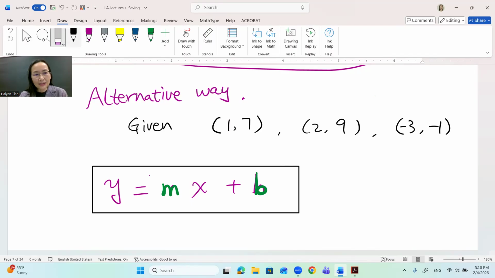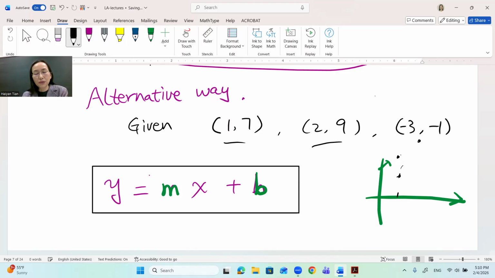The x coordinates are not the same. If you look at the first point, x is 1, so if I pick 1, 7, x is 1. Second point, x is 2, 9. So already we see that if you're deciding whether a line will pass through the points, it cannot be a vertical line, because in order for points to be on the same vertical line, their x coordinates must be the same.